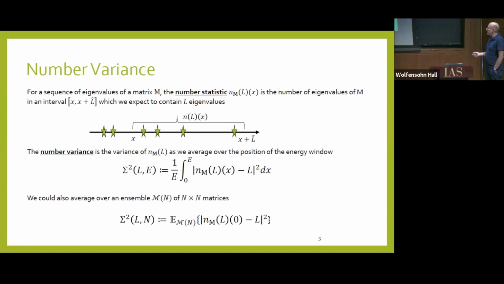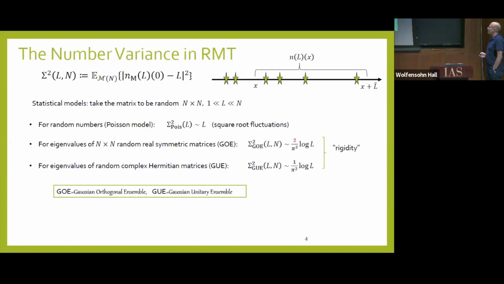You look at the average over positions of the window, or alternatively, you can take the spectrum itself as being random, meaning you take a random matrix and then you average over matrices. Or you could do both. So this is the number variance, just the variance of the number of eigenvalues in a window. So what does it look like in random matrix theory?